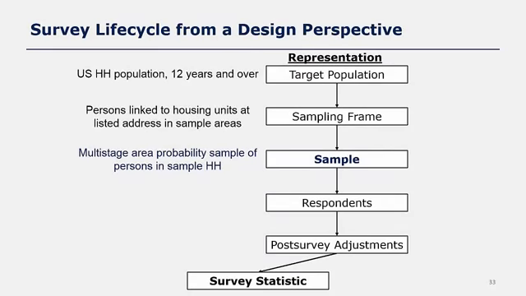Then we draw a sample. In the class on sampling, you will hear much more about different ways to draw such samples. In the US, when you try to sample households, you often deal with multi-stage area probability samples. So this is a sample that's geographically defined and is collected in multiple stages.